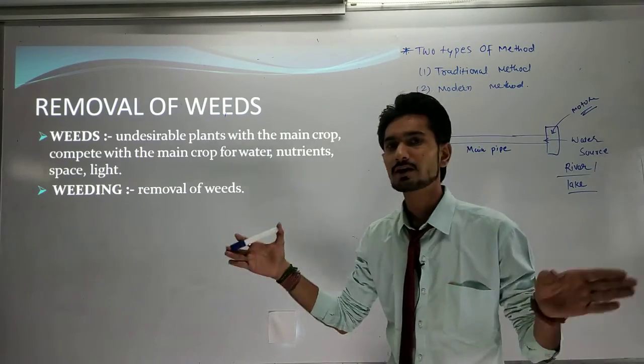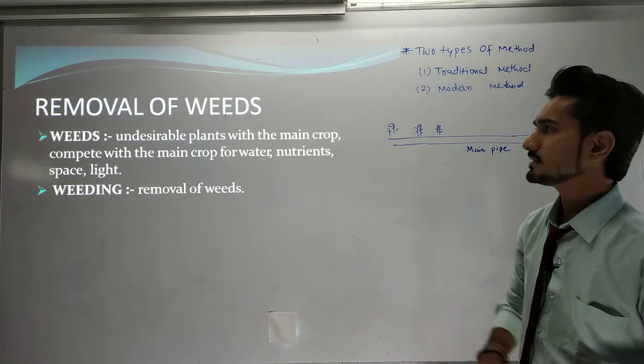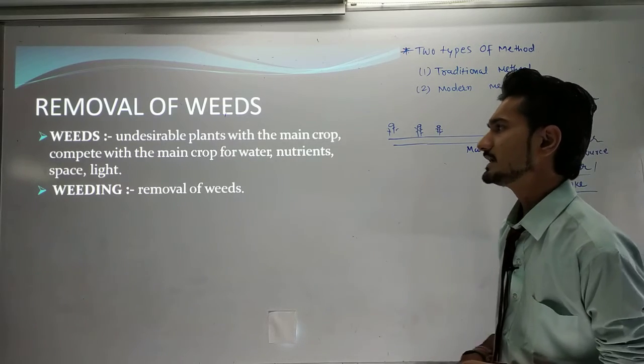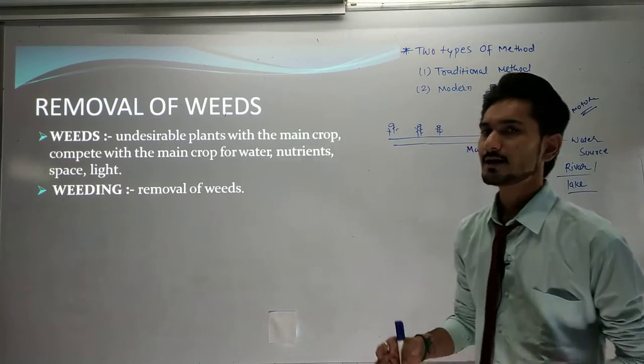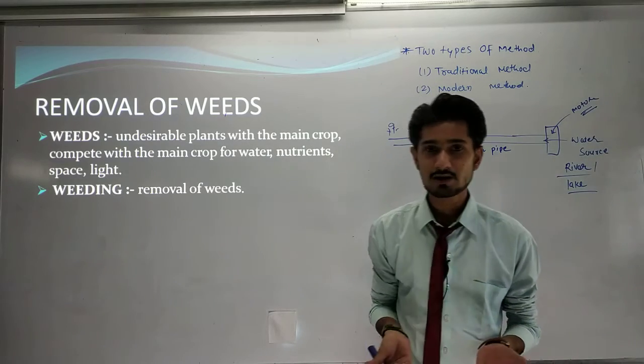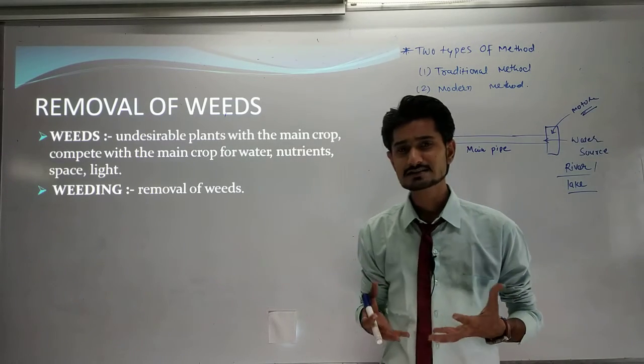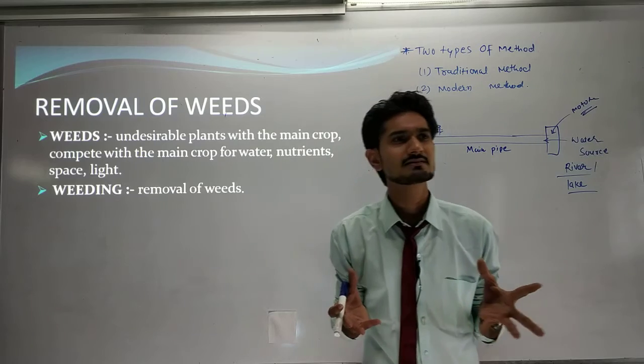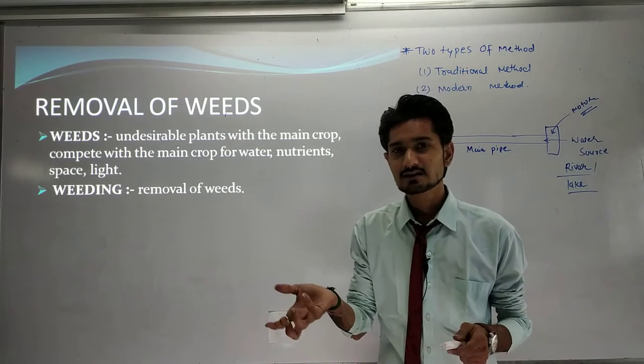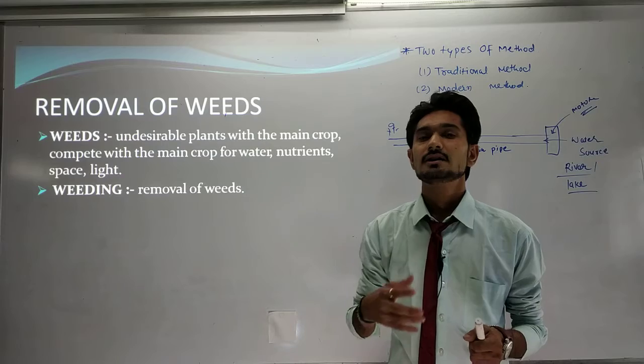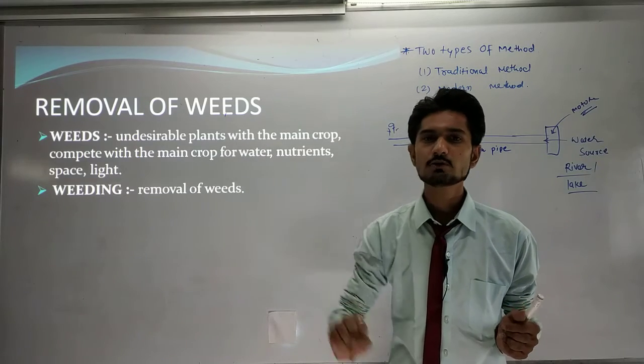Weeds means unwanted plants. Undesirable plants compete with the main crop for water, nutrition, space, and light. Undesirable plants take the nutrition that we want to supply to the original crop.